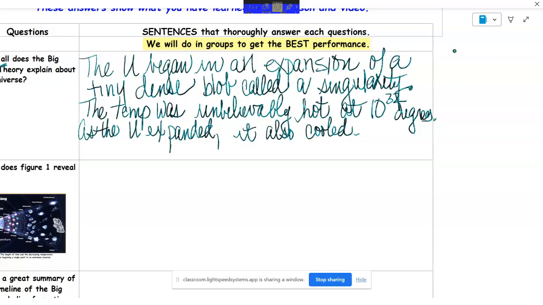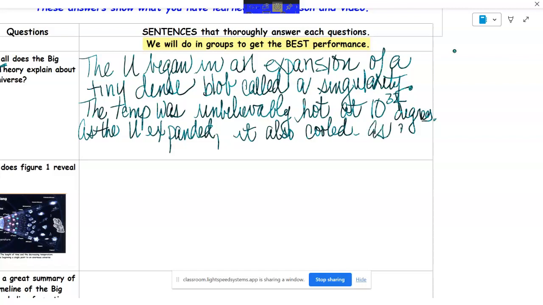So it explained how the universe began. It explained that it started from a tiny dense blob called a singularity. The temperature was unbelievably hot at 10 to the 32 degrees. As the universe expanded, it also cooled. So we set up the conditions for cooler matter.